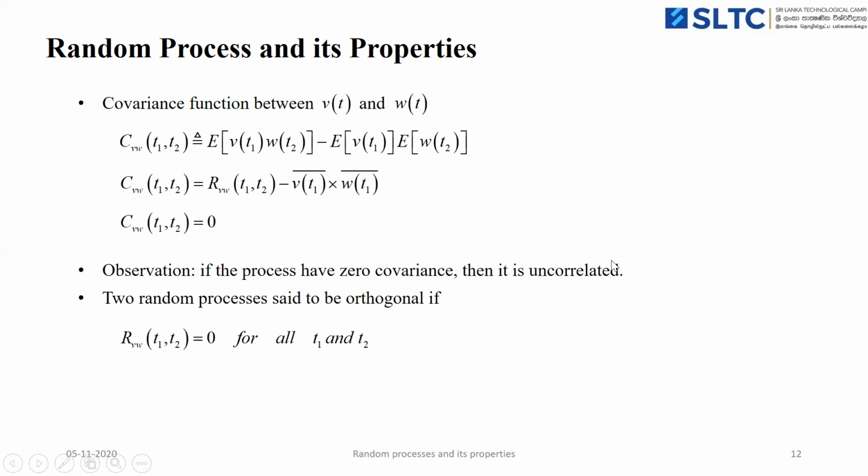One more property: two random processes are said to be orthogonal if the cross correlation of these two random processes is equal to 0. So the orthogonality condition is checked by the cross correlation, and whether there is a correlation between the random processes is checked by finding the covariance of the two random processes.